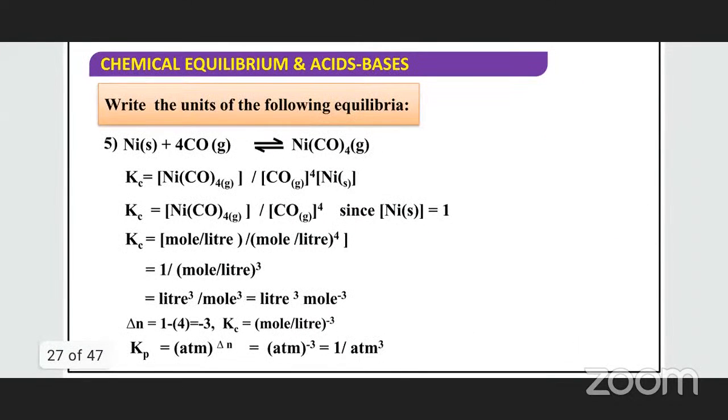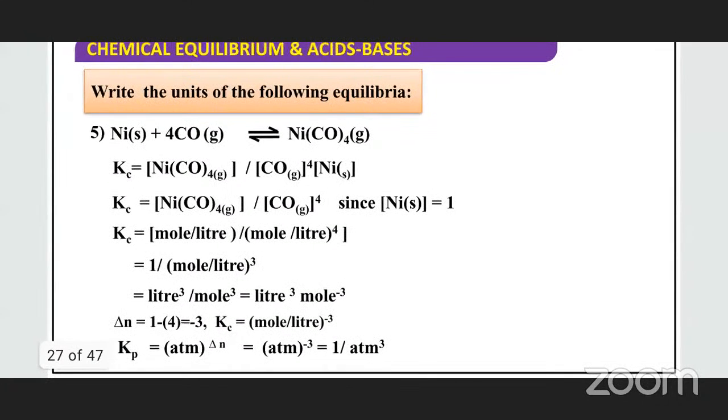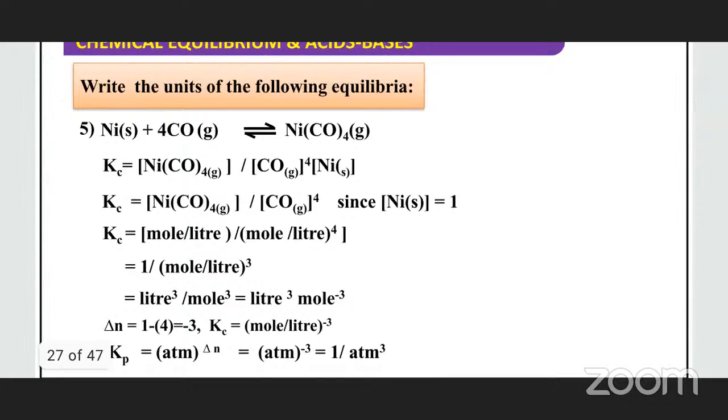Write the units of the following equilibrium. Fifth example, nickel Ni in solid state plus 4CO in gaseous state gives rise to nickel tetracarbonyl Ni(CO)4 in gaseous state. Here the solid's concentration is taken as 1. Therefore, Kc is equal to the product molar concentration by the reactant molar concentration. Here the reactant is only carbon monoxide. Nickel is a solid substance, so it is equal to 1.